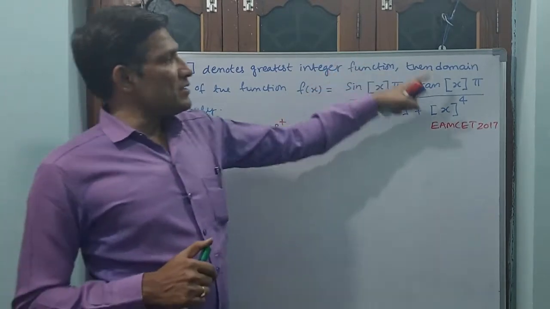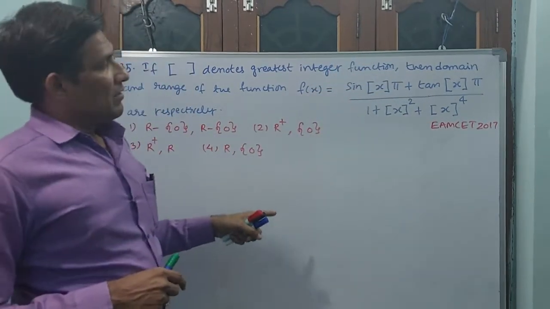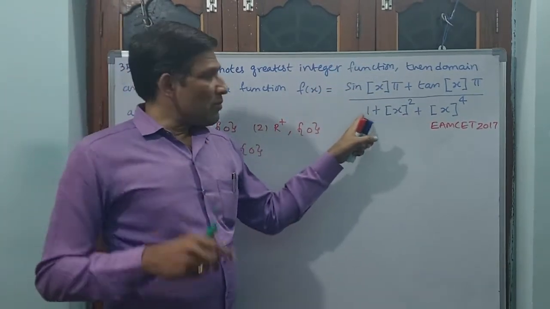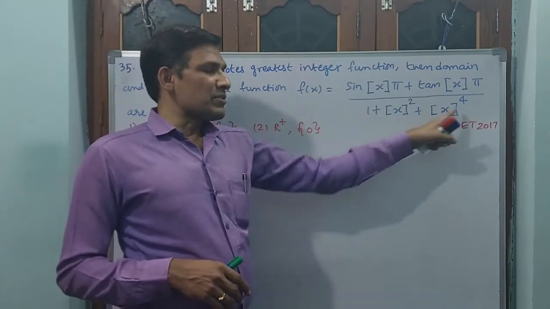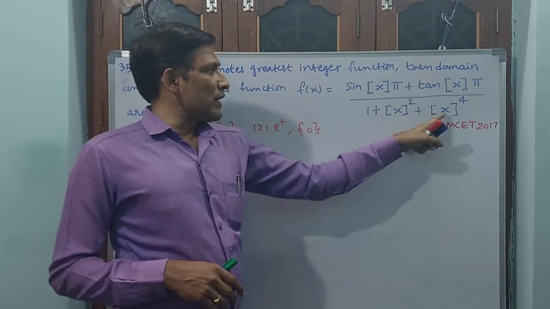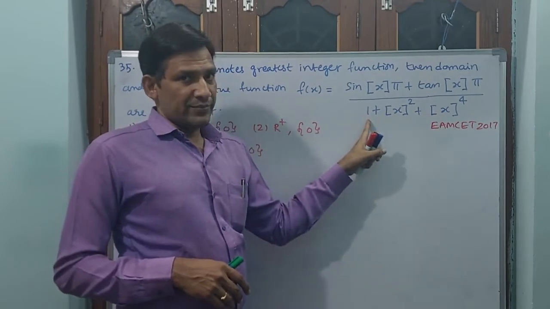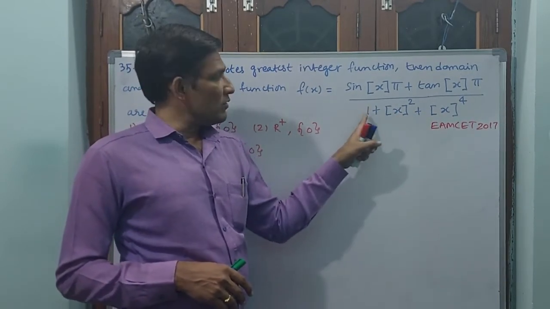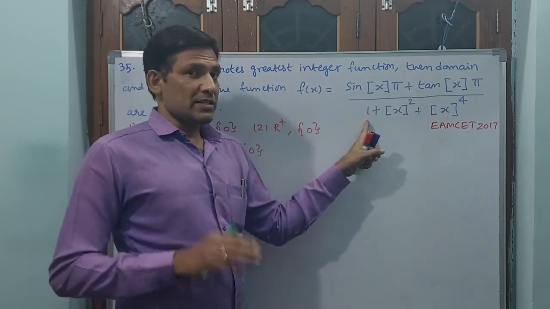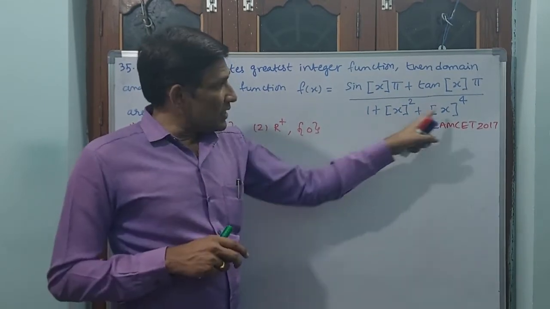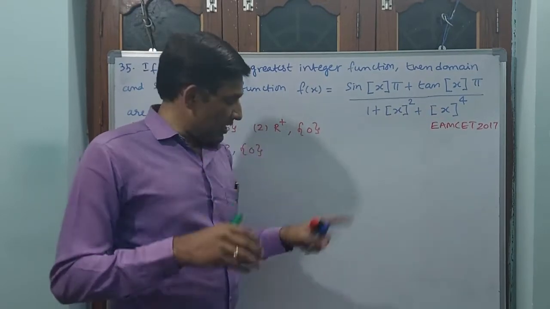But to define these functions, first the denominator should not become 0. Here 1 plus something is there. Even if both terms become 0, 1 is there. Together they should not become minus 1. Is there a possibility?